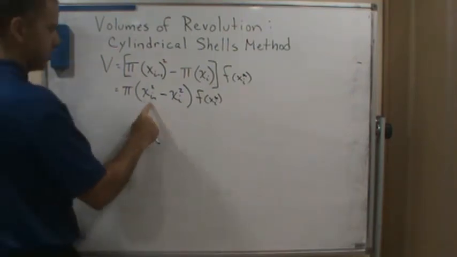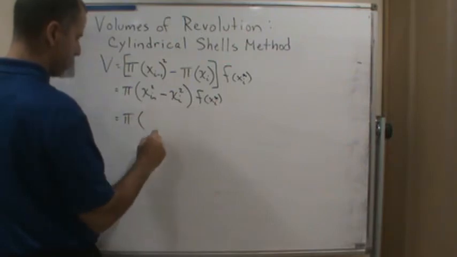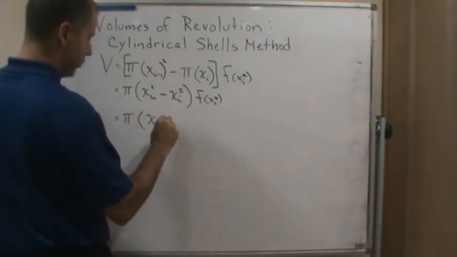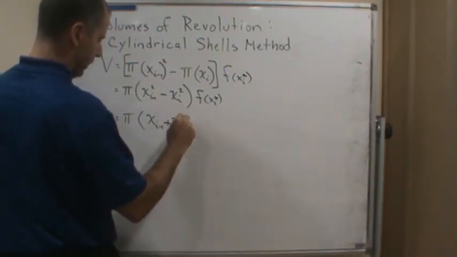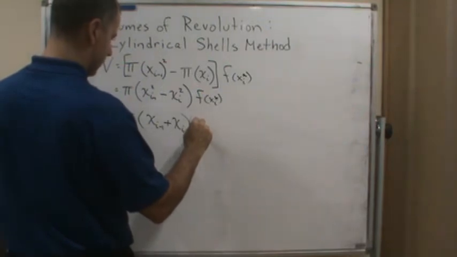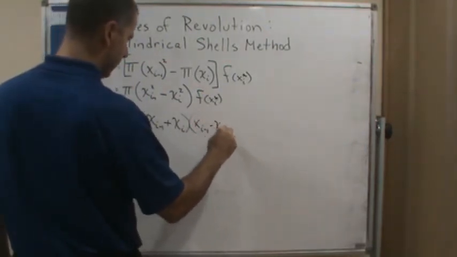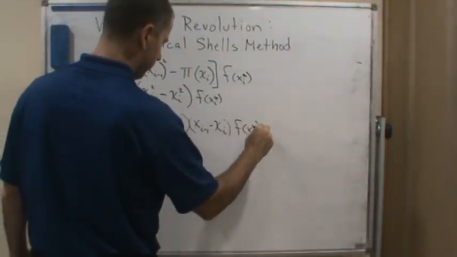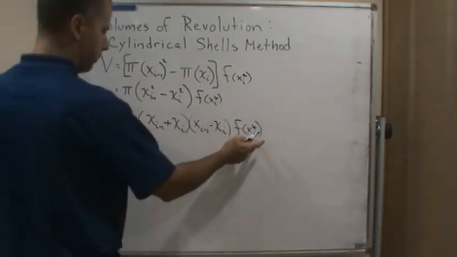And now this is a difference of two squares, so let's expand that out and see where that takes us. So we get x of i minus 1 plus x of i, times x of i minus 1 minus x of i.